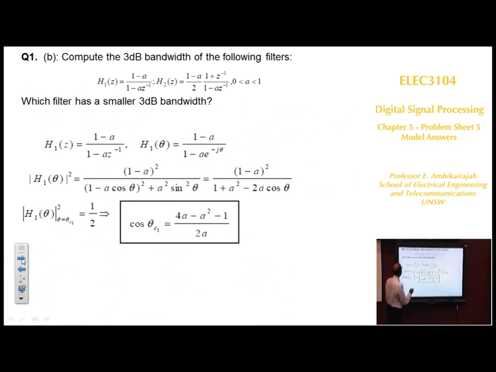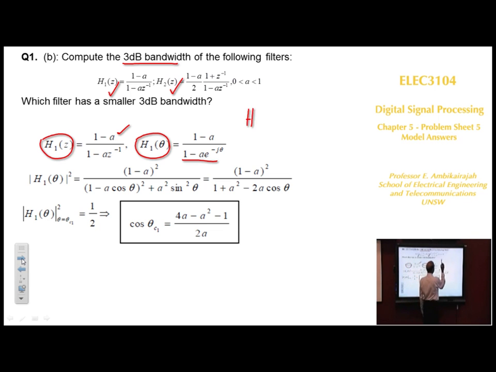Let's look at the next question. They want you to compute the 3 dB bandwidth of one transfer function and then a second transfer function. We start with the first one. H1(z) is given to you, and now you find H1(θ), which is (1 minus a) over (1 minus a e to the minus jθ). Now we learned a few methods of finding this.